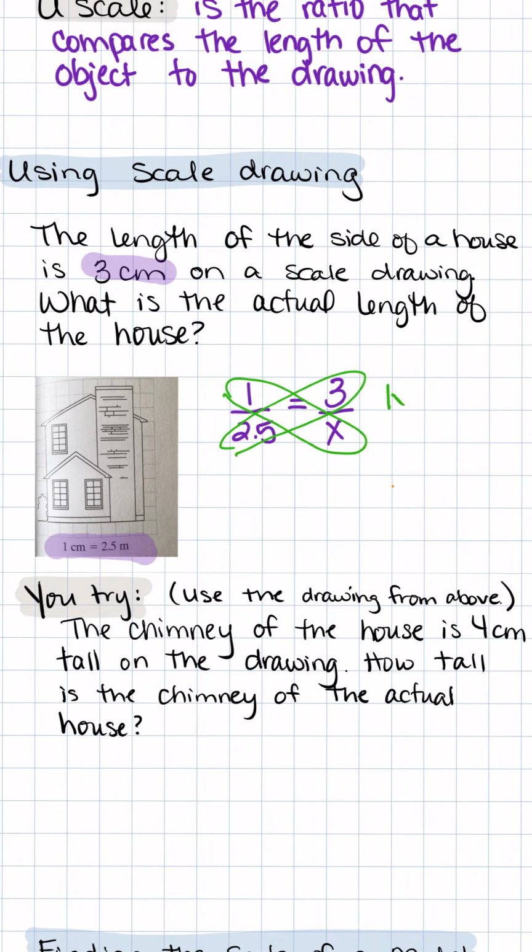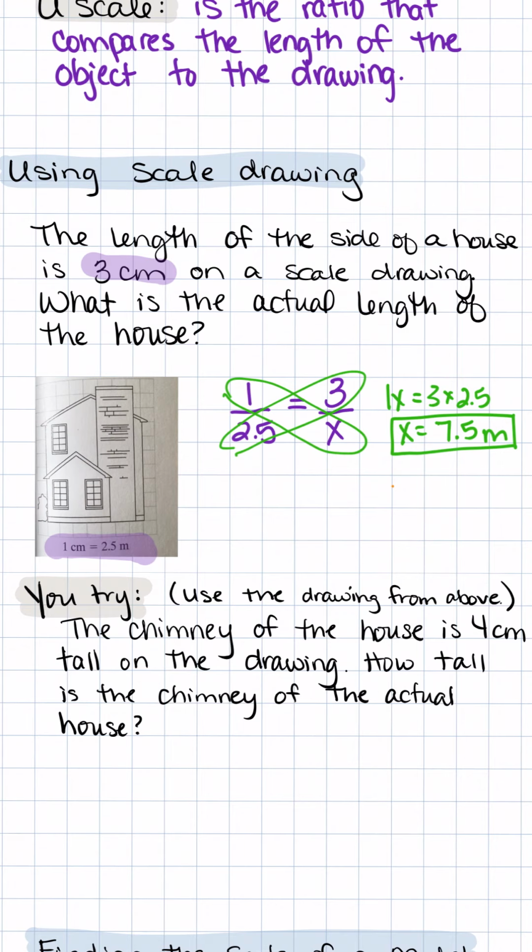So we have 1x equals 3 times 2.5. 2.5 times 3 is 7.5. If we have a 1 in front of the x, it just equals x. Therefore, x equals 7.5. So x equals 7.5 meters. That's the actual length of the house.